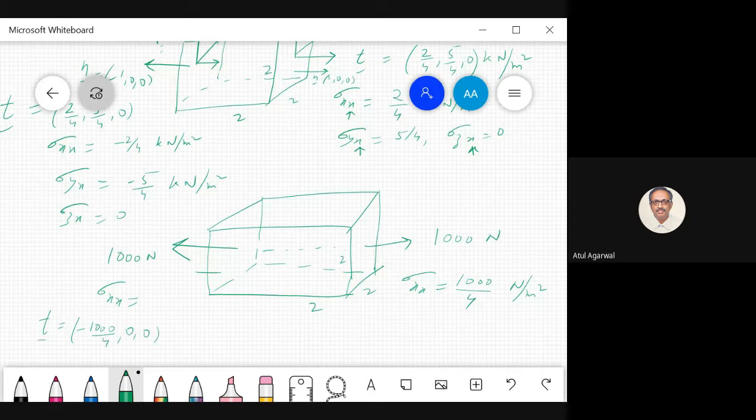What is the normal vector here? So minus 1, minus of this will multiply with minus of this. So you will get 1000 by 4. You see, you get a positive stress. If the force component is negative, area normal is negative, two negatives make a positive. Is it all right, Lavish?